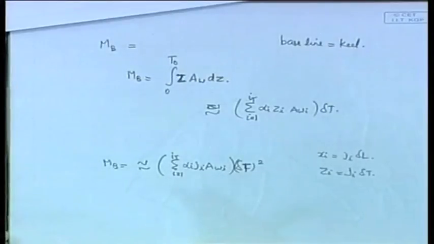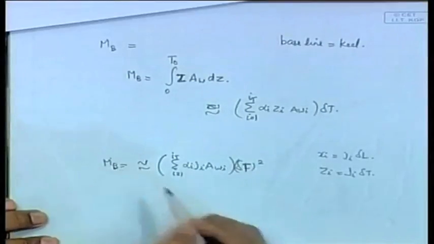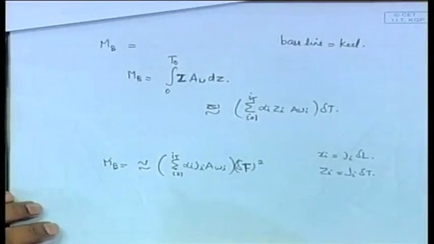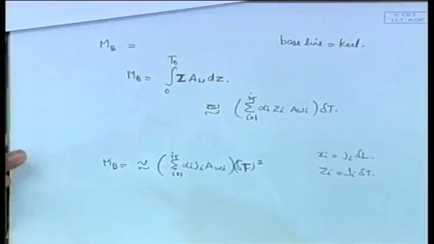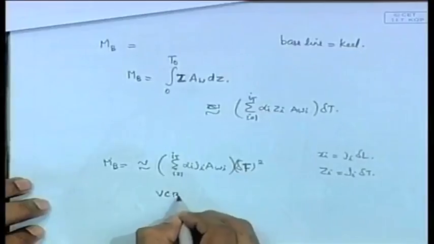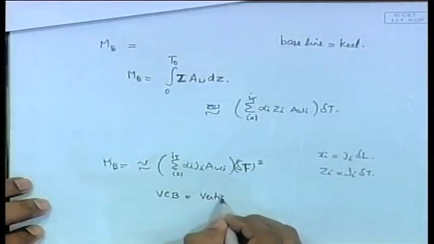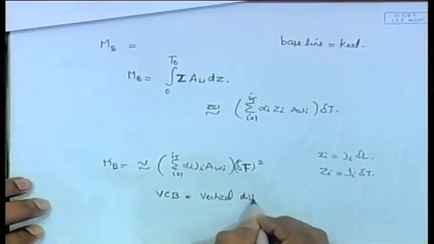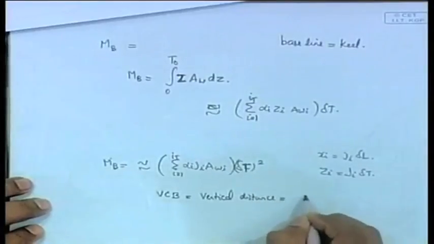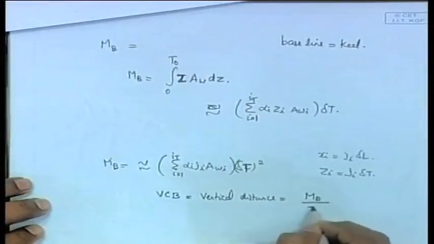Now, next and in fact, the last one, that is to find your vertical position of the center of buoyancy. How will you find the vertical position of the center of buoyancy, which we called VCB? It is the vertical distance. It is equal to MB divided by displacement.